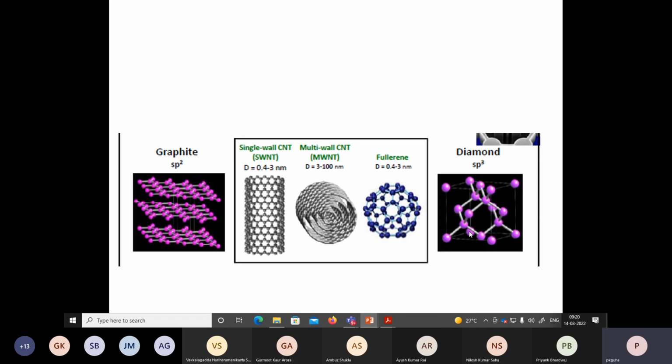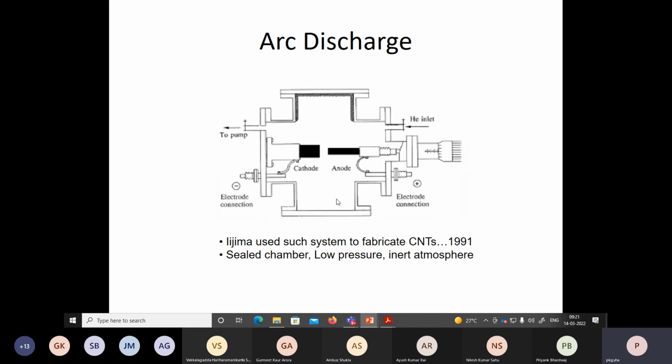And this is diamond. Diamond is sp3 hybridized, whereas graphene and carbon nanotubes are all sp2 hybridized, so they are stronger than diamond.